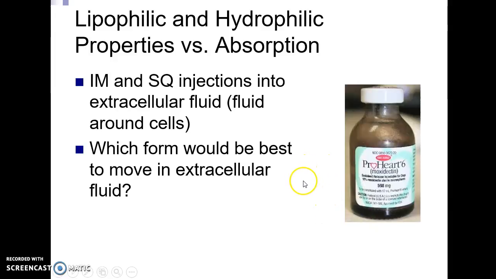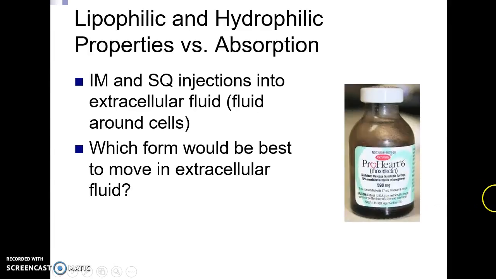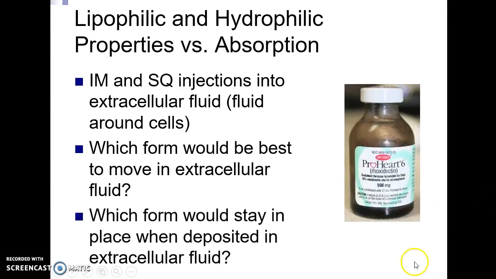So if we're looking for something to move in an extracellular environment, giving it in the muscle, giving it subcutaneously, that would be hydrophilic because it's going to move through a fluid environment and get to a capillary. So if we want it to stay in a location, we would use a lipophilic drug.